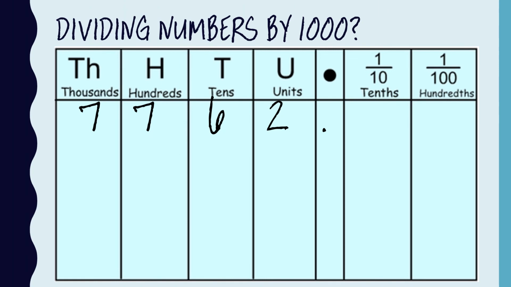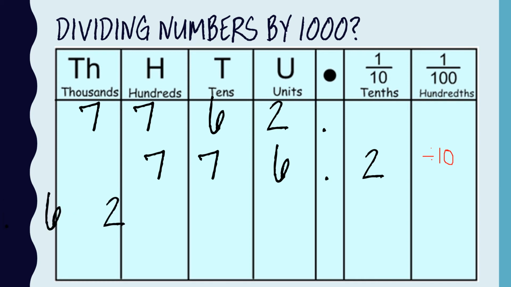We start with 77.62. Remember, we are not, and I repeat, not going to be doing 3 shuffles at once. Instead, we divide by 10, 1 shuffle, and we get 7.762. We do another shuffle, each number staying in the same order.